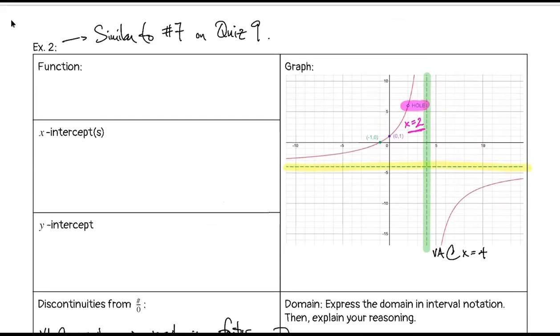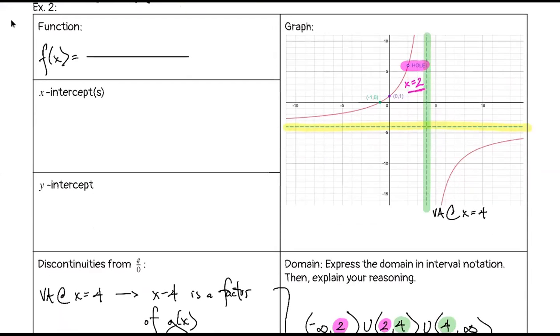So we can actually go ahead and start to write this function. All right. Now, I know that I have x minus 4 only in the denominator because that's where the vertical asymptote is. I also know that I have an x minus 2 on the top and the bottom.